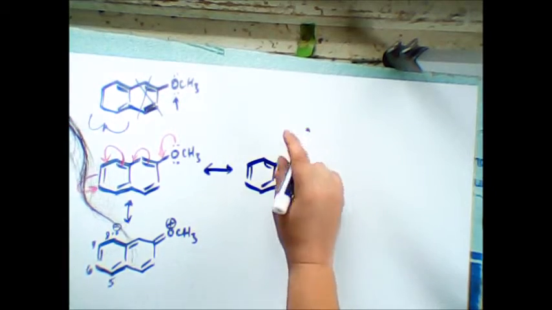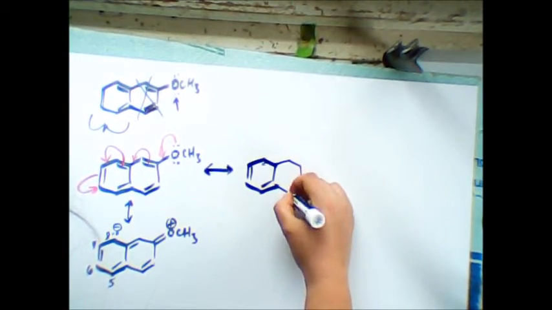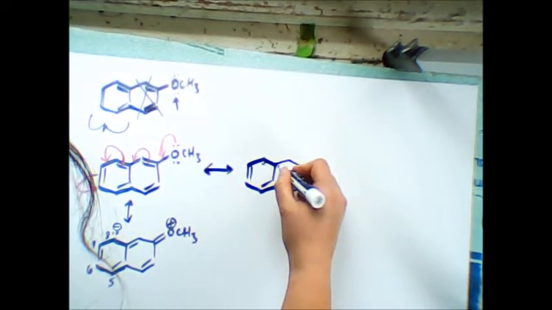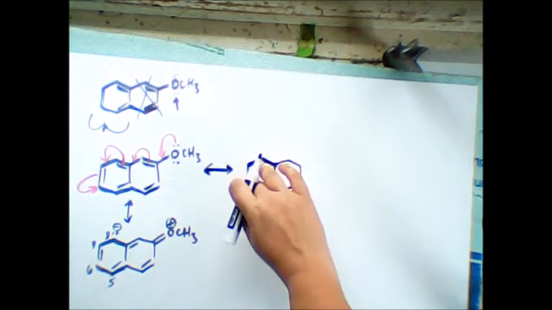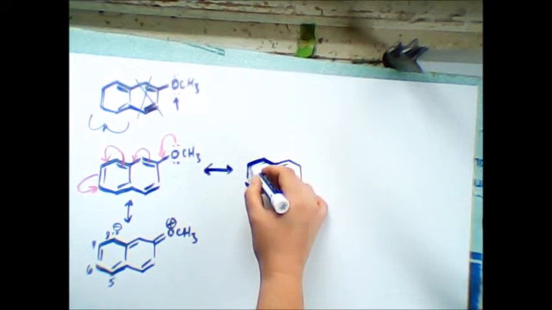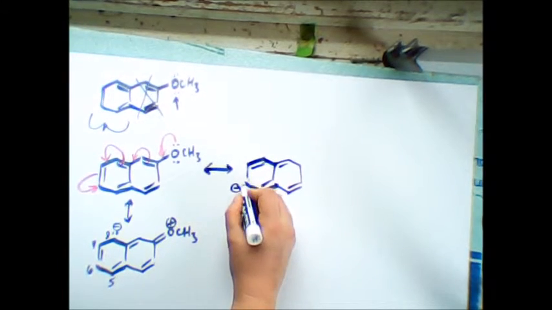So you might notice that I'm in the habit of just kind of drawing bonds. We realize that we broke this one and we broke this one, but we made one here. So we should have a minus charge right here as a lone pair.